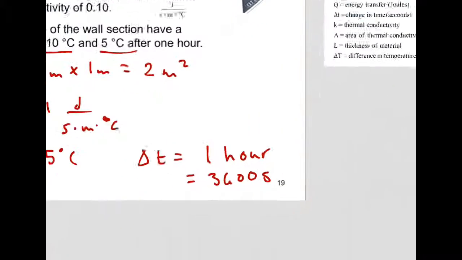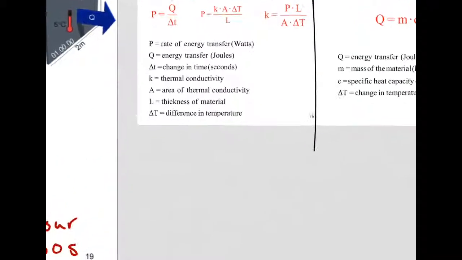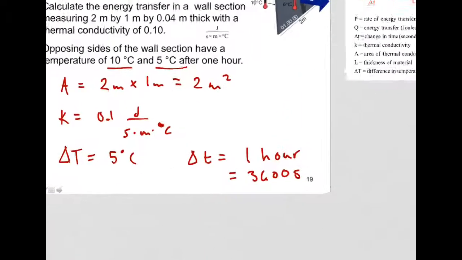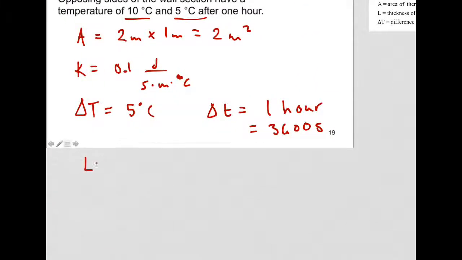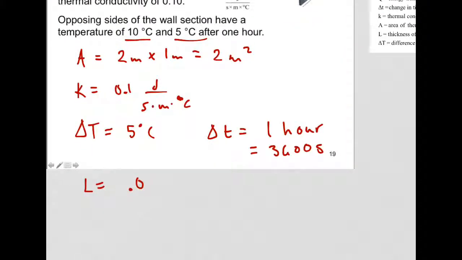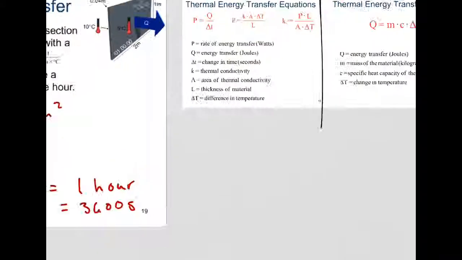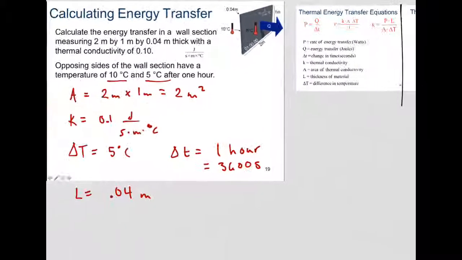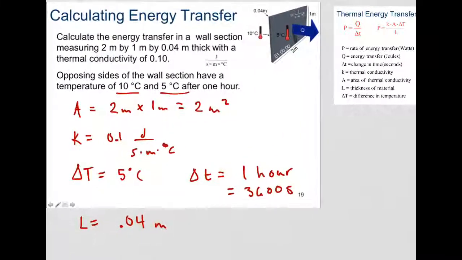It has to be in seconds. What else? Area and thermal conductivity, we have those. Ooh, thickness of the material. We have that too. L equals 0.04 meters.